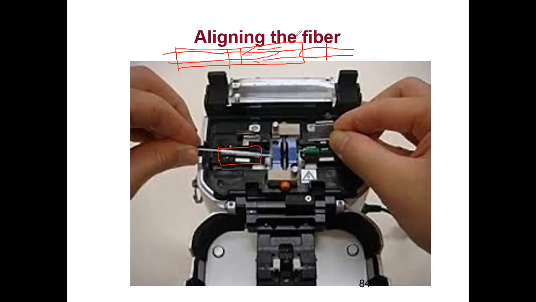Also, why did we give the elastic coating? For the protection of the fiber. So here, to offer protection to the fiber, I have slid this sleeve on one of the fibers.